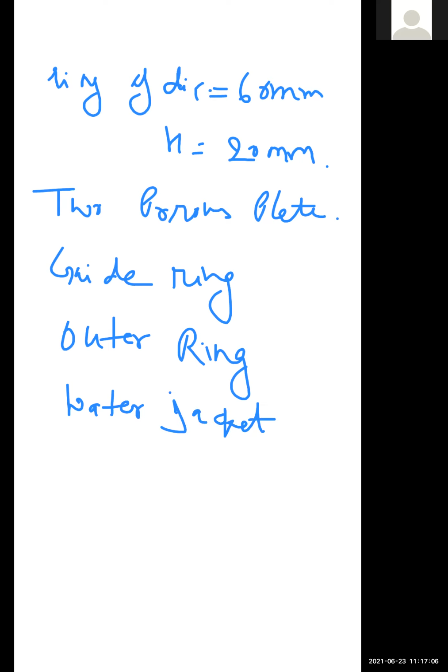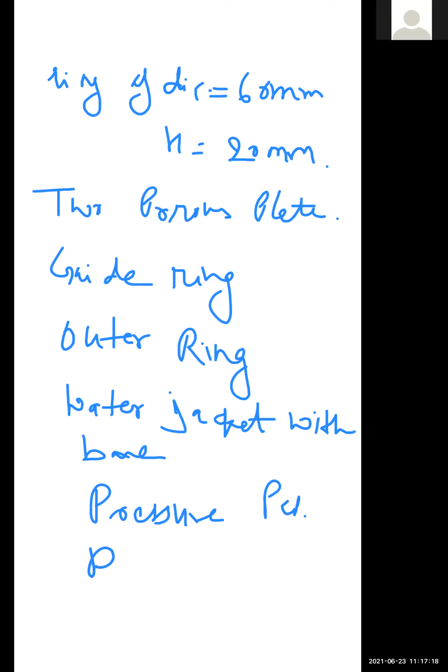Next is the pressure pad and also a rubber gasket. These are the consolidometer apparatus parts.